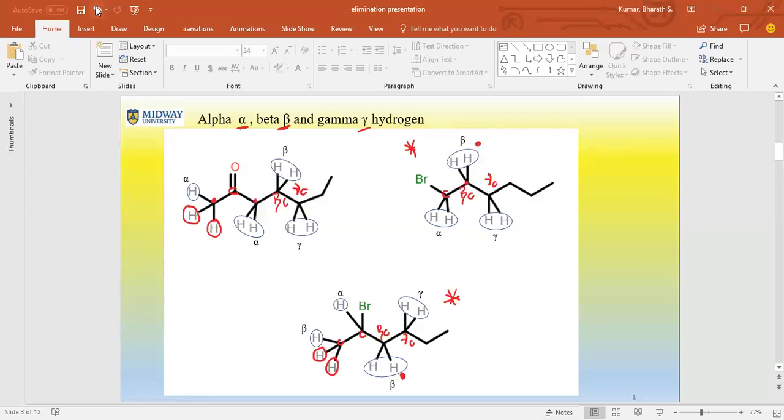In the process you make a double bond. I'm going to show that with an actual example, but for now just bear with me and just understand where the beta hydrogen is.